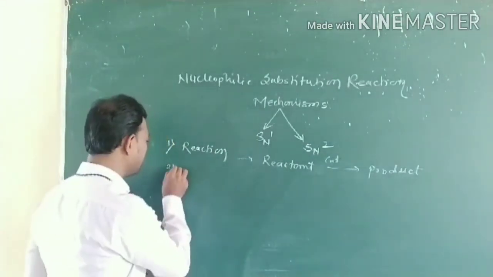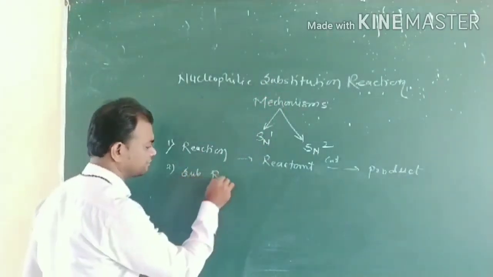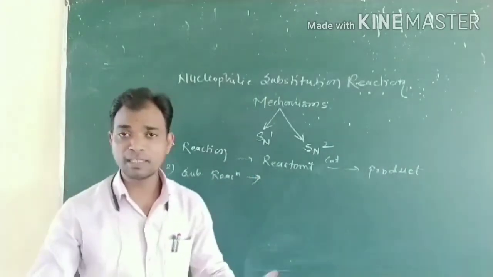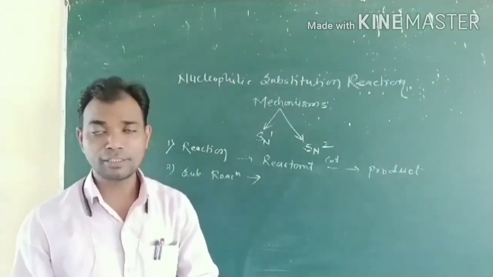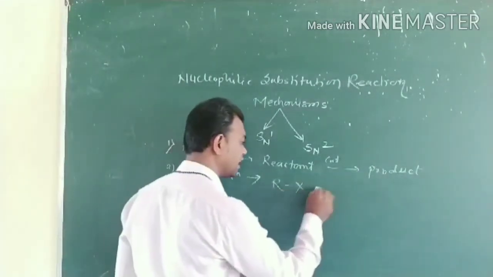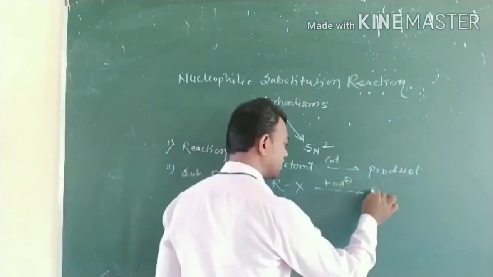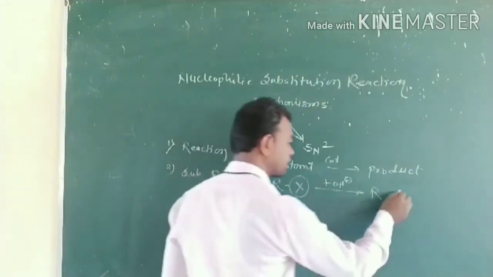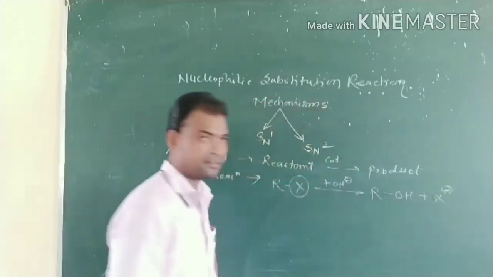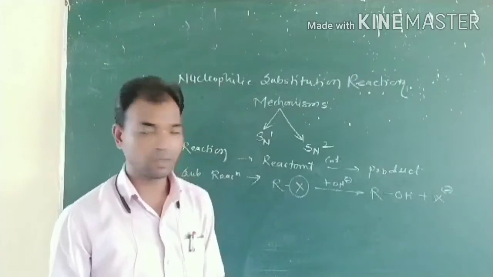Second is the substitution reaction. What is meant by substitution reaction? For example, if we consider the alkyl halide reacting with OH negative, then the X group is substituted by OH, X departs from the reactant, and the new product ROH is formed.